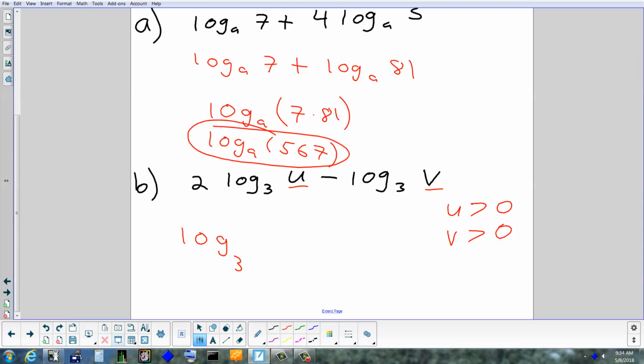Think about, you have 2 choices. Either this came from a multiplication problem, or it came from a division problem. Division, yes. Okay. If you look at the last one, we had multiplication, and that came from a sum. This is going to be division because it comes from a difference.